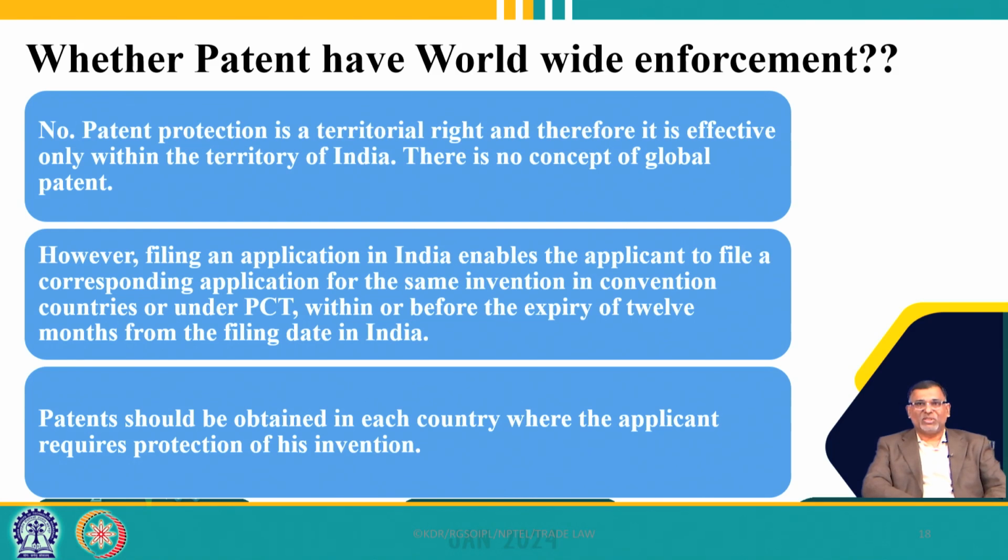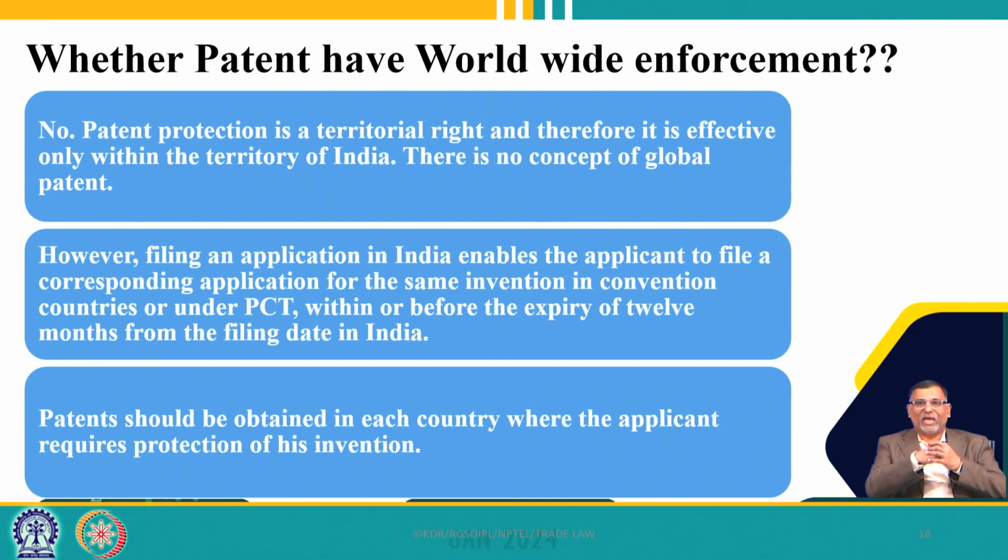But multiple countries you can register at a time through the PCT regime, that is the Patent Cooperation Treaty of WIPO. So, around 60 countries are covered under this particular treaty. So, you have to file only one application with these particular countries mentioned, but patent is highly territorial in nature.